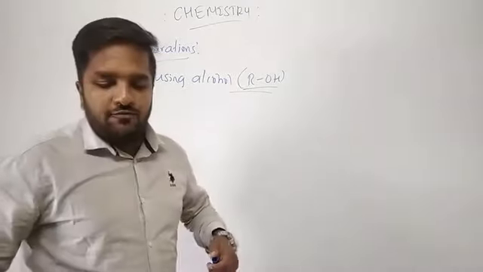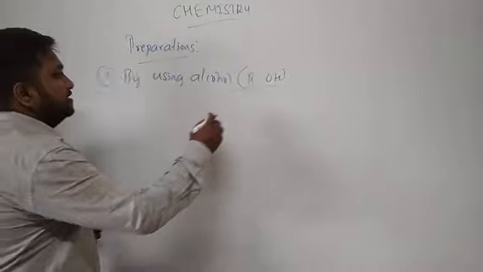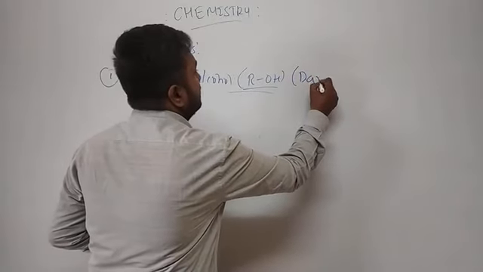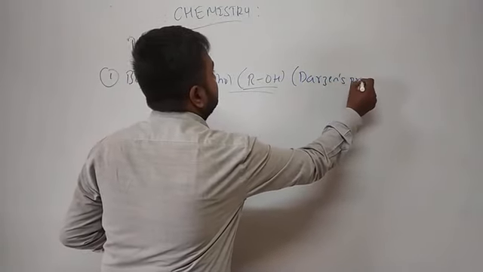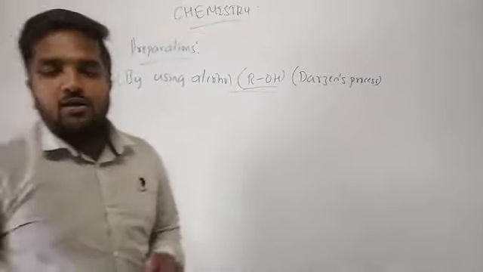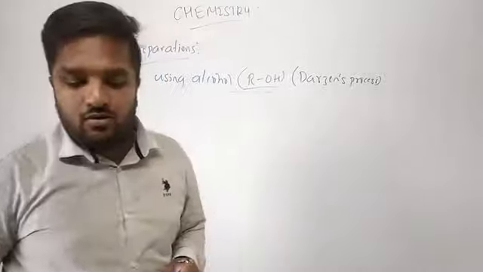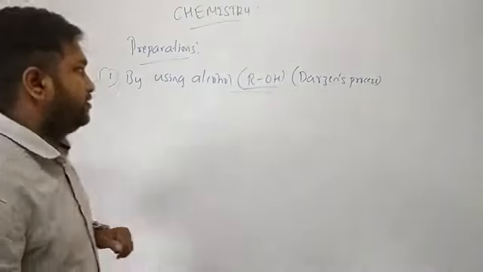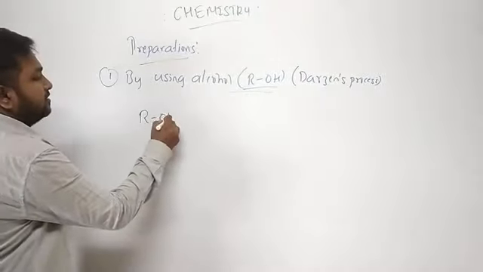Clear? So let's go for the next, Darzens process. In this, we treat alcohol with thionyl chloride, that is SOCl2. Let's check out the reaction.